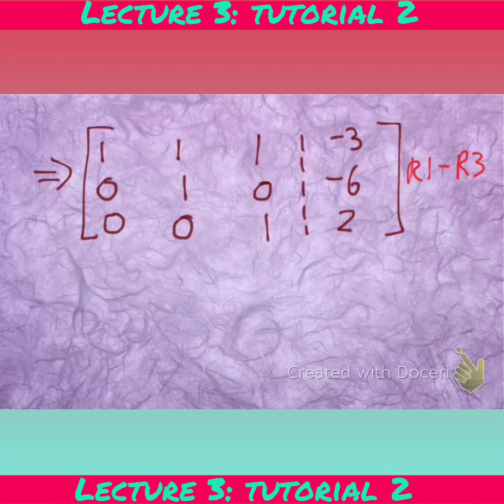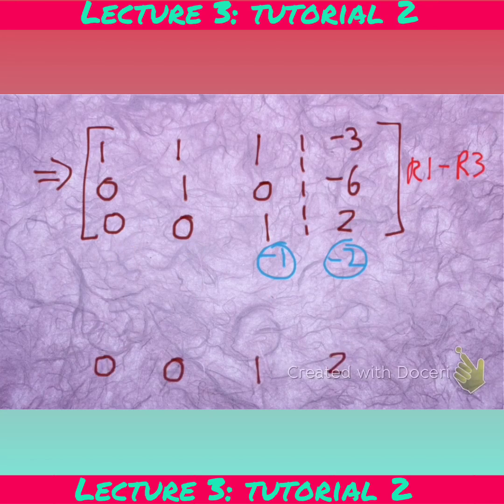Right, so the next thing is creating zeros above the leading one in the last row. So I do this by changing the first row by adding minus 1 times the third row to the first row. So I get a new matrix that is going to have the last row stay the same from the old one. The second row is also going to stay the same.